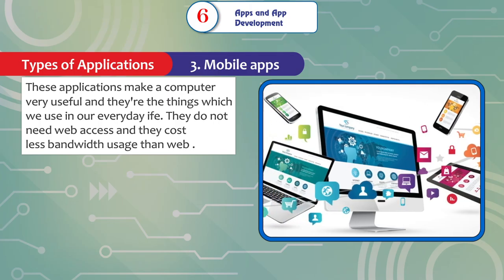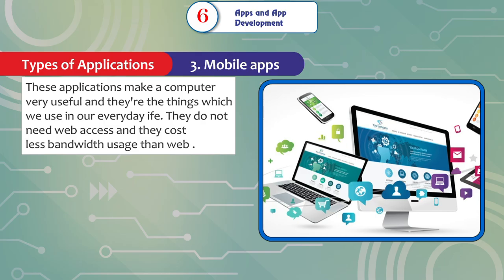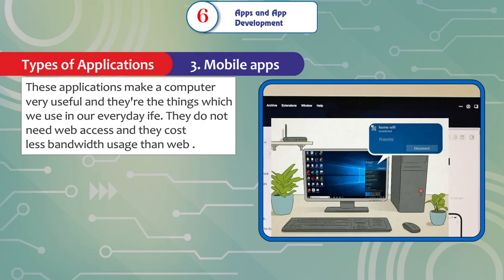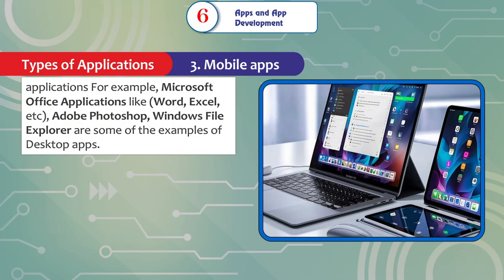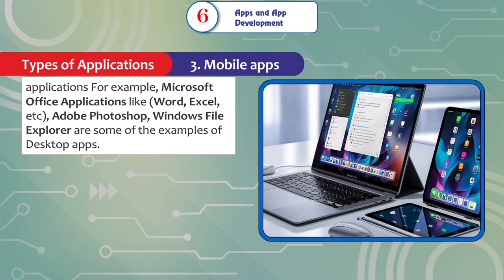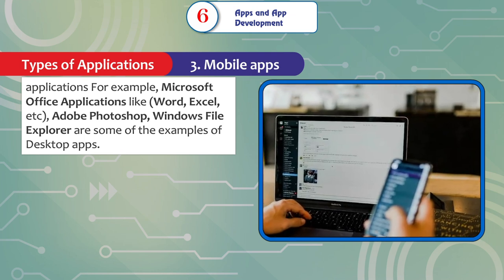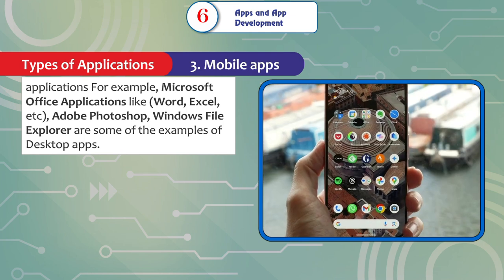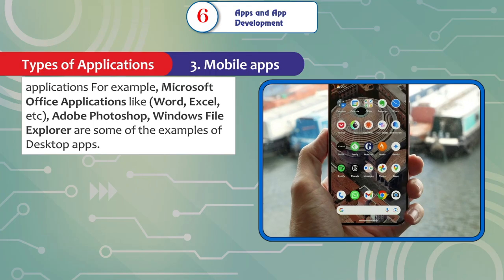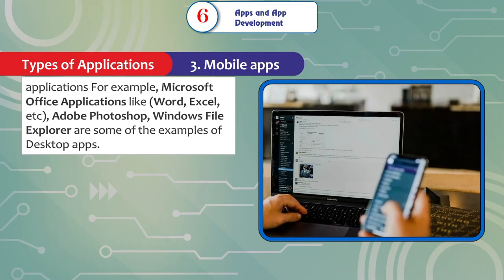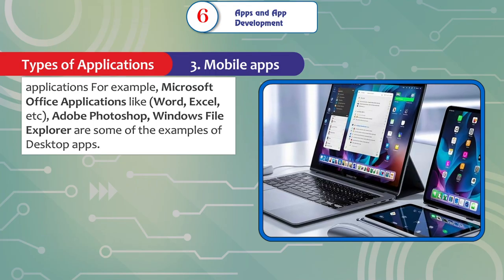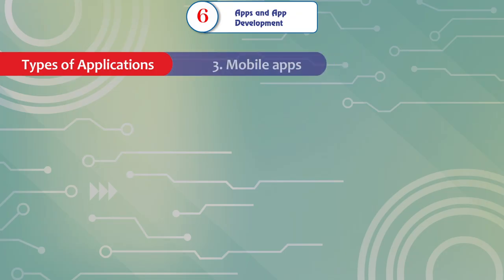They do not need web access, and they cost less bandwidth usage than web applications. For example, Microsoft Office applications like Word, Excel, etc., Adobe Photoshop, Windows File Explorer are some of the examples of desktop apps.